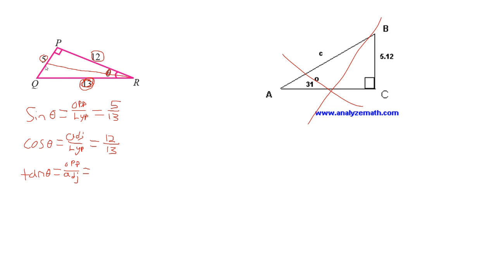We already know that the opposite is 5 when we did this line thing over here, and we know the adjacent is 12, so it's 5 over 12. And those are the ratios.